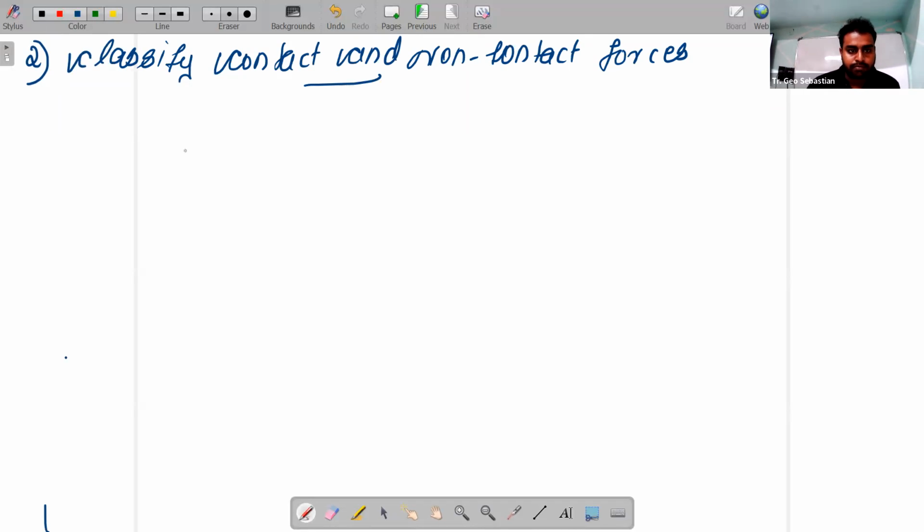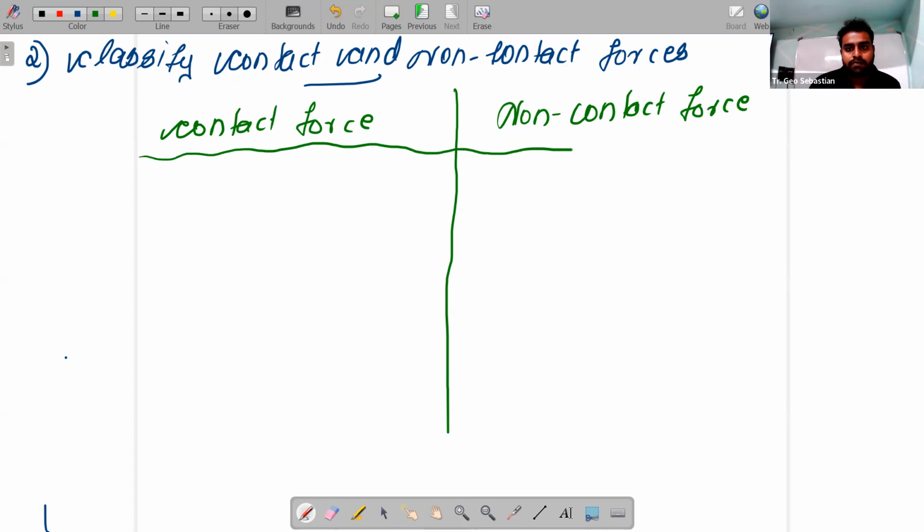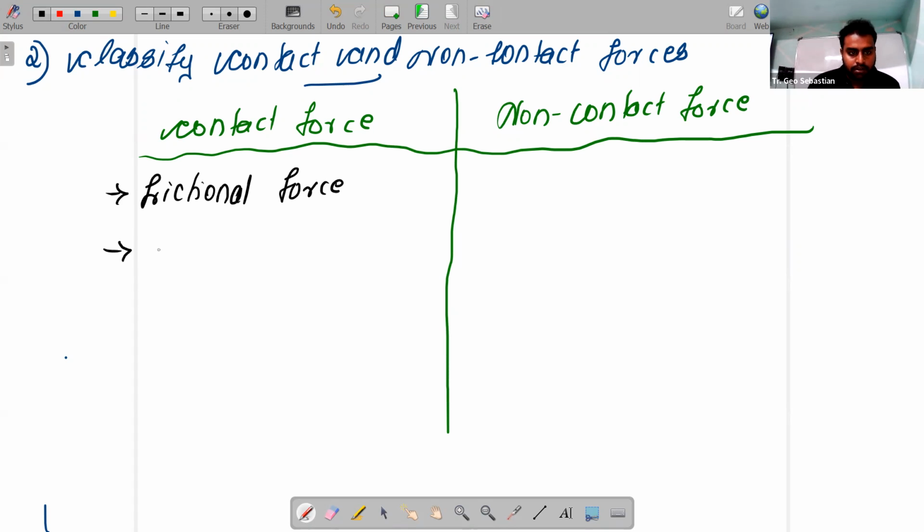So if you want that, you just make a table. Contact force, and on the right side you can make non-contact force. The first one will be frictional force. Second one, normal reaction force.